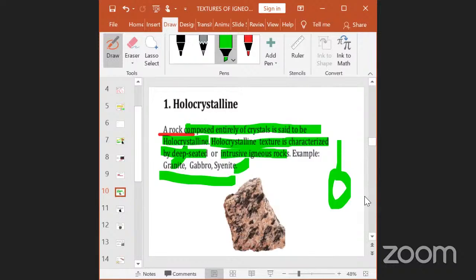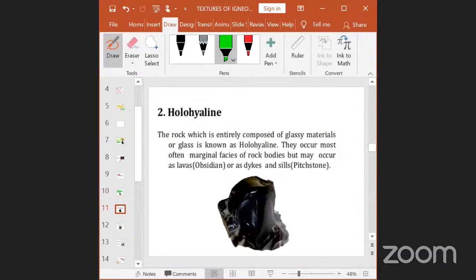Then the second one, holohyaline. The rock which is entirely composed of glassy material or glass is known as holohyaline.